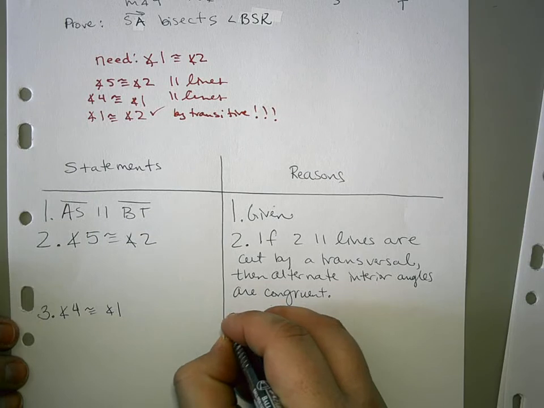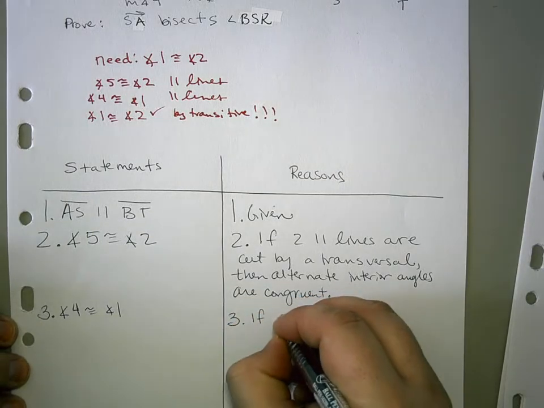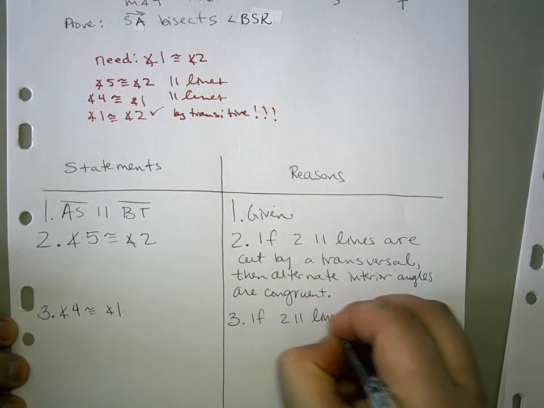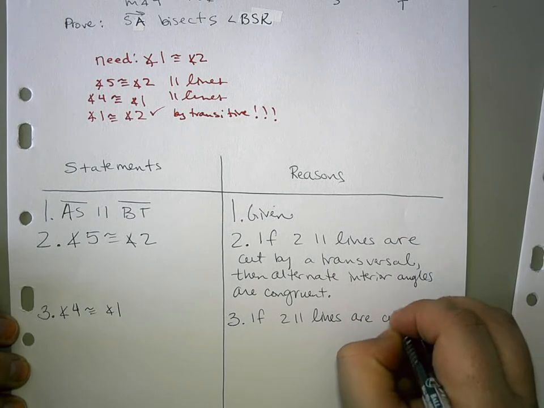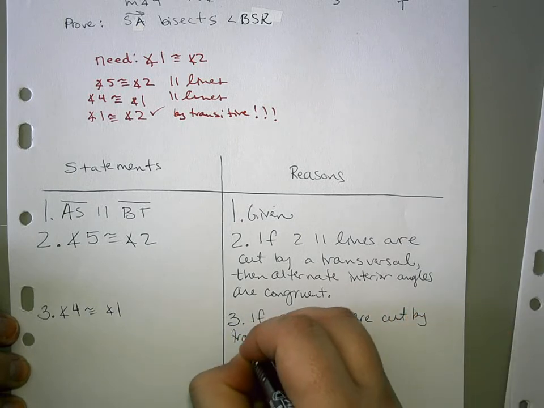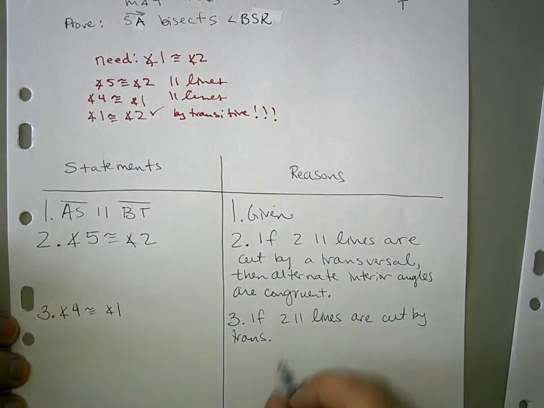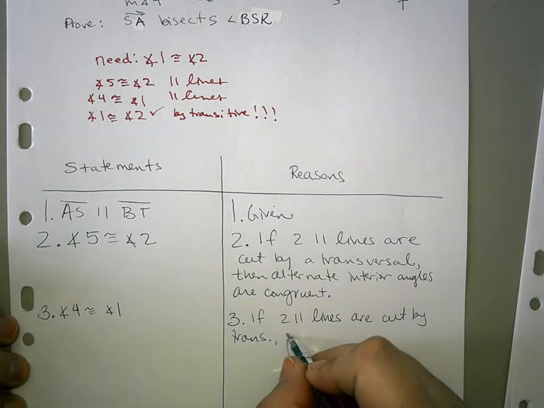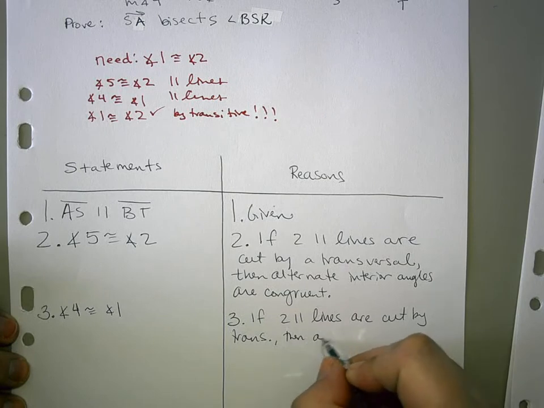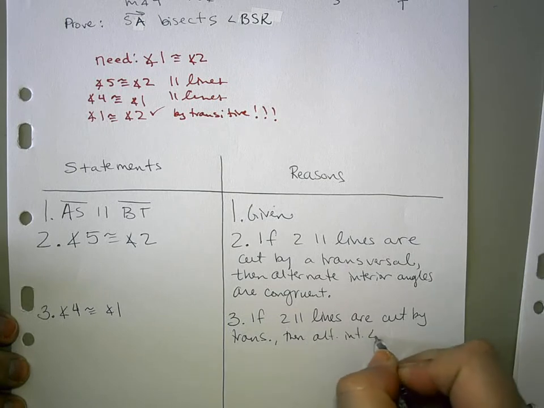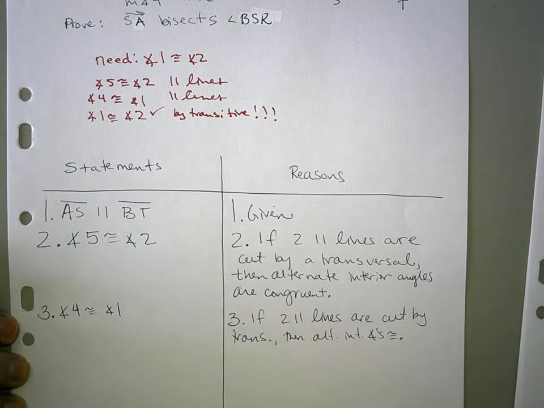It's a different reason. If two parallel lines are cut by a transversal, I'm going to go ahead and use abbreviations since you are familiar with this one, then corresponding angles are congruent.